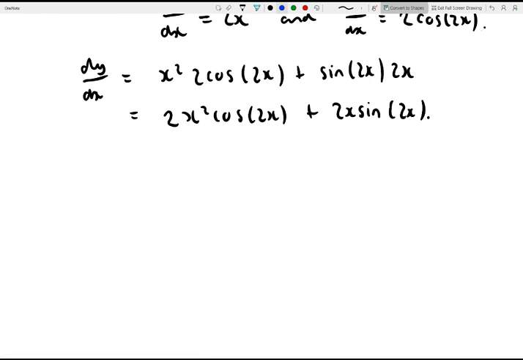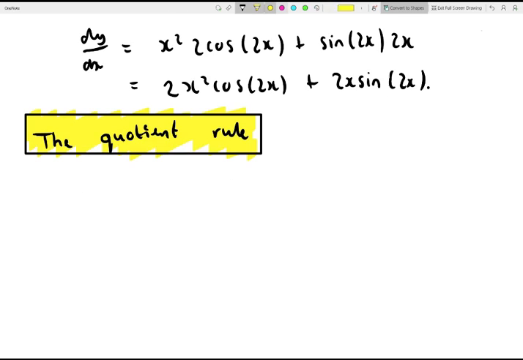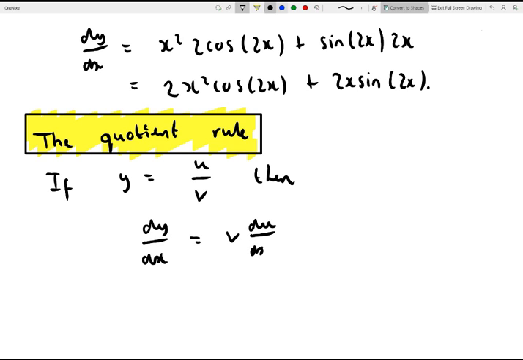And now let's not talk about the product rule anymore, let's talk about the quotient rule. And the quotient rule says that if y is now the quotient of two functions, u over v, then the derivative of y with respect to x is v times du by dx minus u times dv by dx all over v squared.